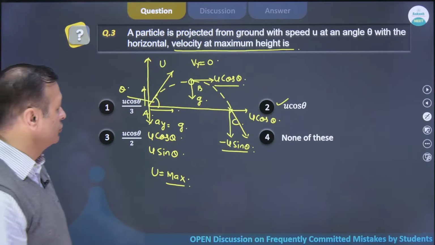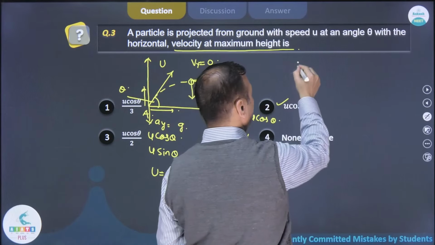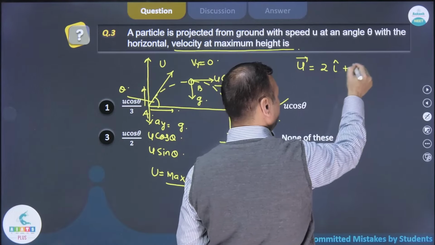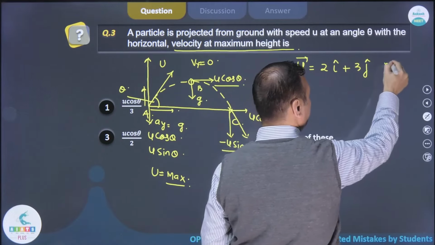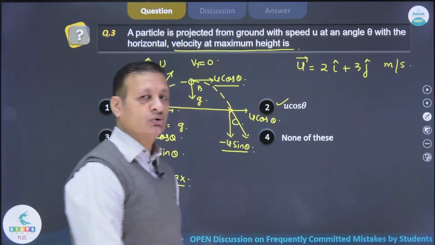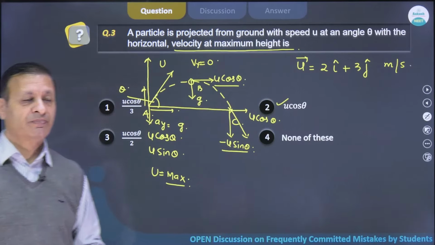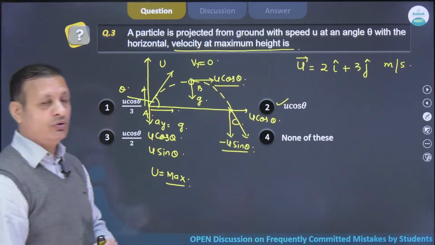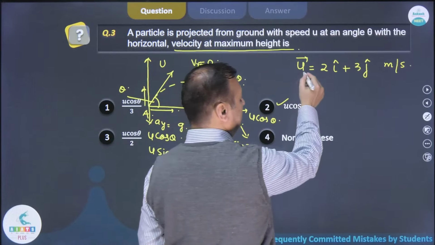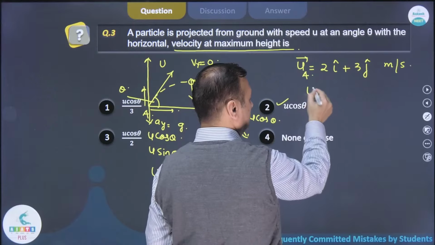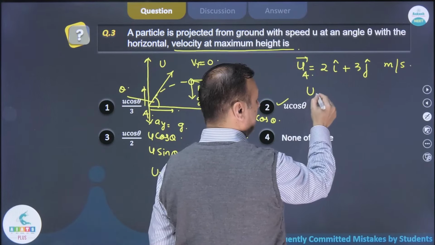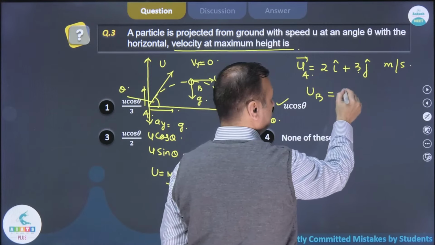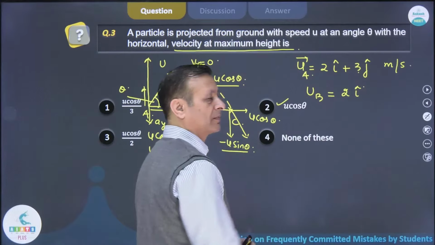Got it? So let's suppose I give you initial projection as 2i cap plus 3j cap meter per second. So this is, let's suppose, the speed with which your projectile is projected upward from the ground. So speed is maximum at A, the speed of projection. If I ask you to find out velocity at B, because the y component will not be there, it is 2i cap only. Got it?